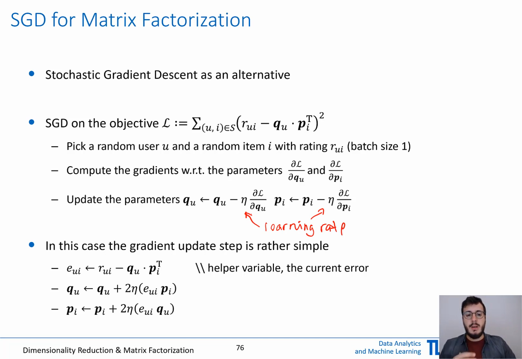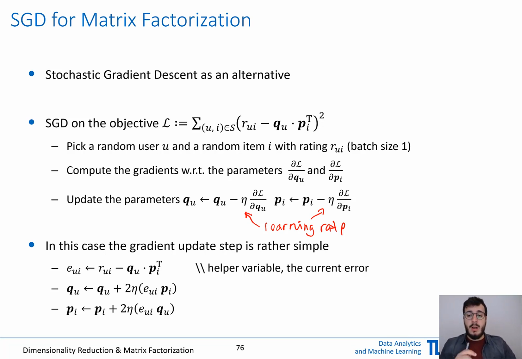If we're looking at stochastic gradient descent with a batch size of 1 as a simple example, then the gradient updates actually simplify by a lot. In this case, we see the gradient update for Q_u is a simple function of this helper variable e_ui, and the same thing holds for the gradient update to P_i. And this helper variable, you can view it as the current error, how much we're off with the current prediction from the target prediction.